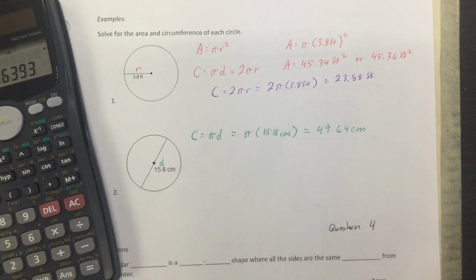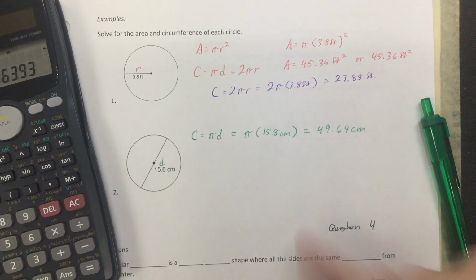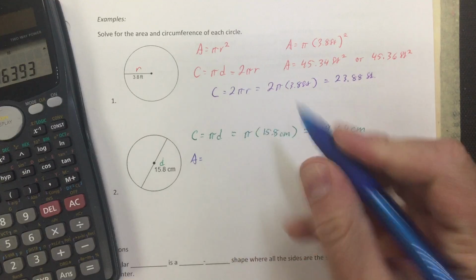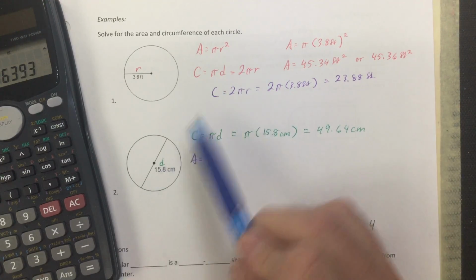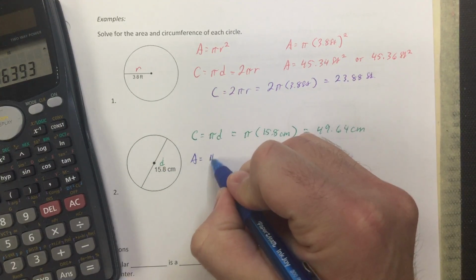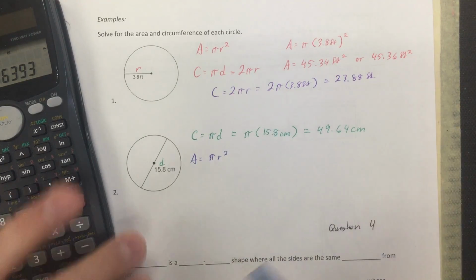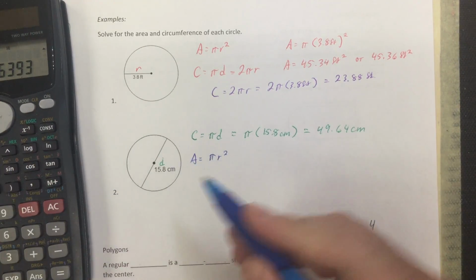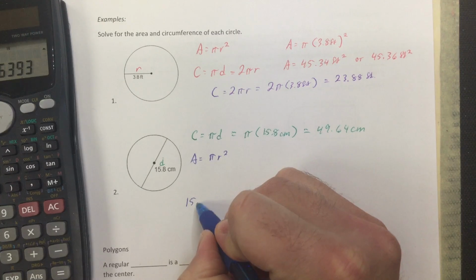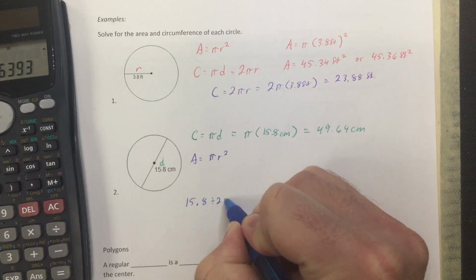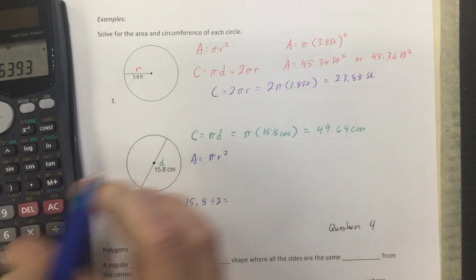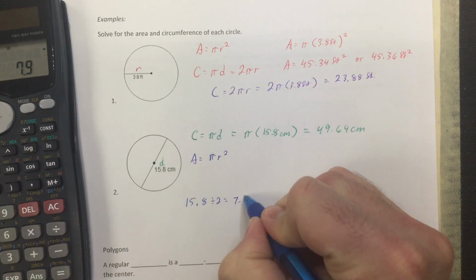It is a length. Now, on the other hand, for the area, we are given the diameter, and we need to know what the radius is. The formula is pi times radius squared. There's no area formula using diameter, so we have to do diameter divided by 2, and 15.8 divided by 2 is 7.9.